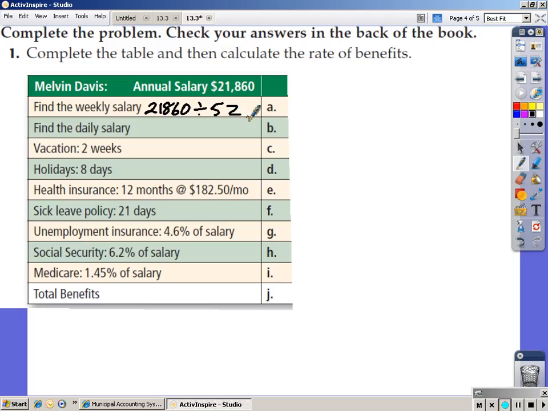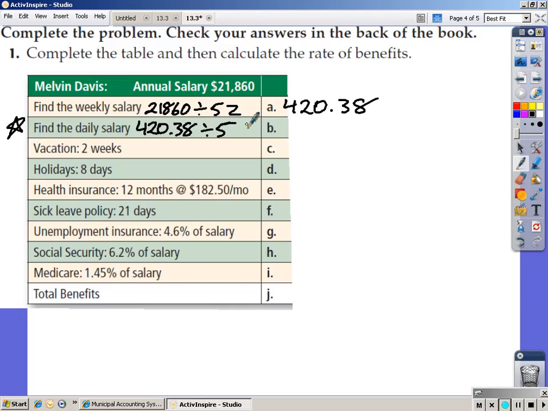Divide it by 52. So 21,860 divided by 52 should give you $420.38. Now it says find the daily salary, and this one you just got to pay attention to. To find the daily salary, take your weekly salary and just divide it by 5.